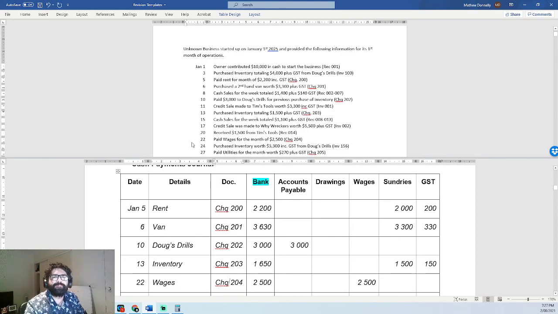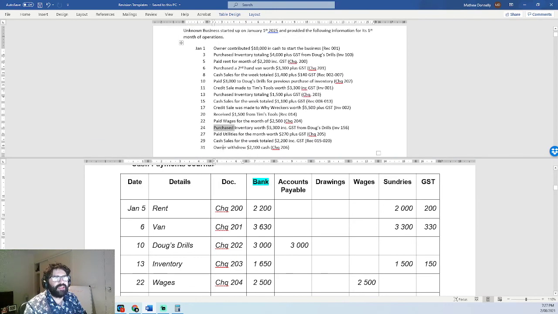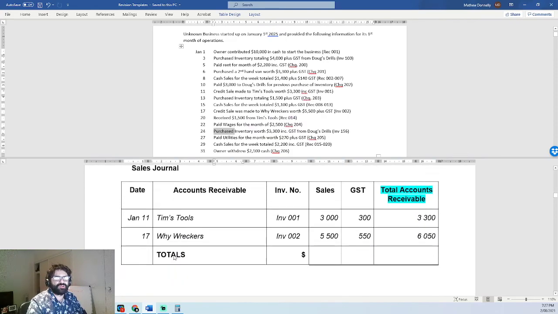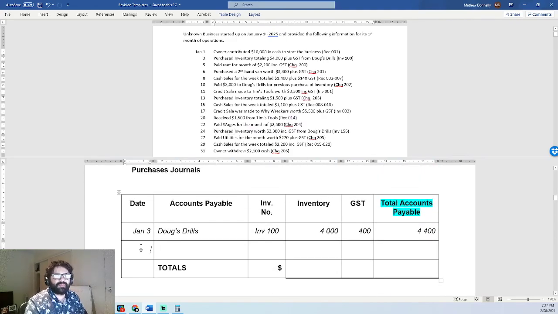So there we go. And now we've got the 24th. Purchase inventory worth 3,300, including GST from Doug's Drills. Invoice 156. Purchased inventory, it needs to be the purchaser's journal. And that will be, where was it? The 24th. And we go Doug's Drills again.